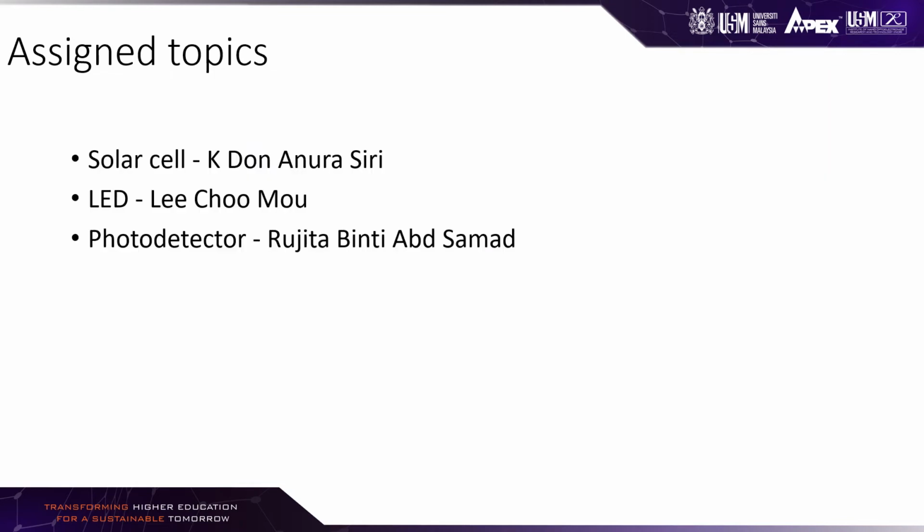So as I mentioned earlier, solar cell is for Dawn, LED is for Lee, and also photodetector is for Rajita.